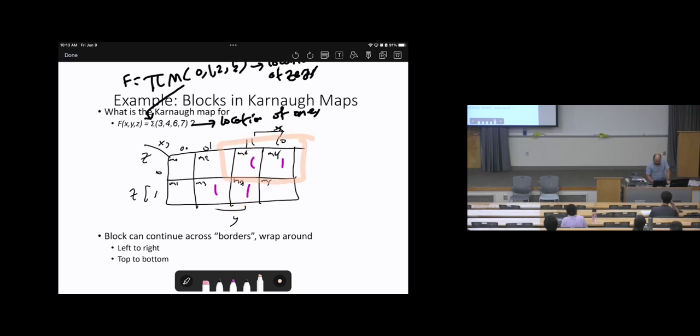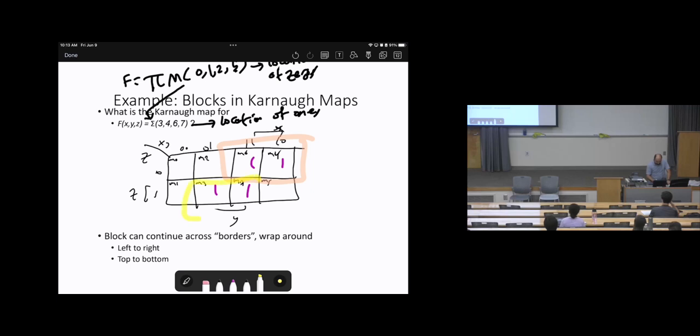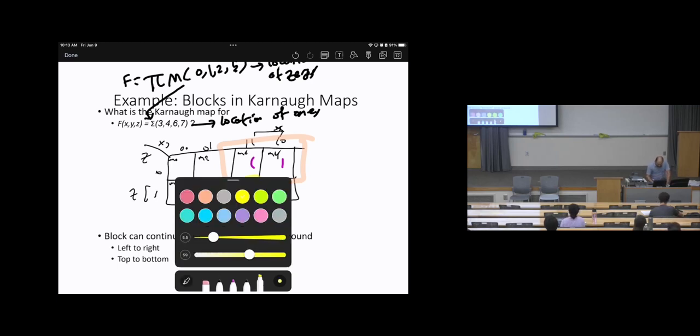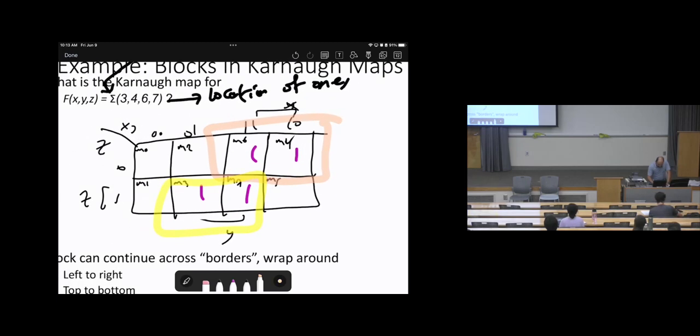So here is group number 1, then here is number 2. For number 1, we need to look at where the missing variable is. Look for the terms where one of the variables will be 0 and one of the variables will be 1. For this variable, we will see the variable y is 0. Here the variable y is 1.